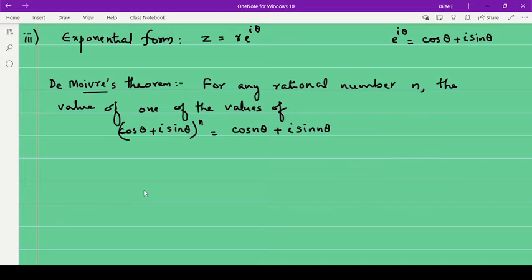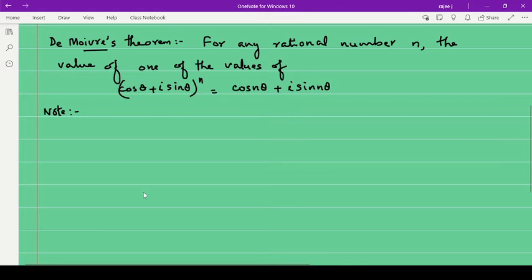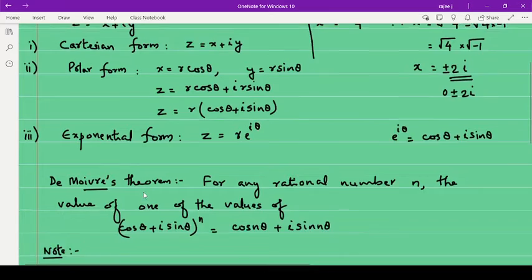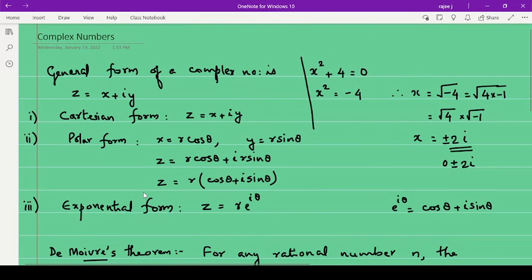Now before moving on to this, we need to know some other terms also. As a note I will write, based on this we need to do one or two problems also. We know here we have written z equal to x plus iy, or z equal to r into cos theta plus i sin theta, and z equal to r e raised to i theta.